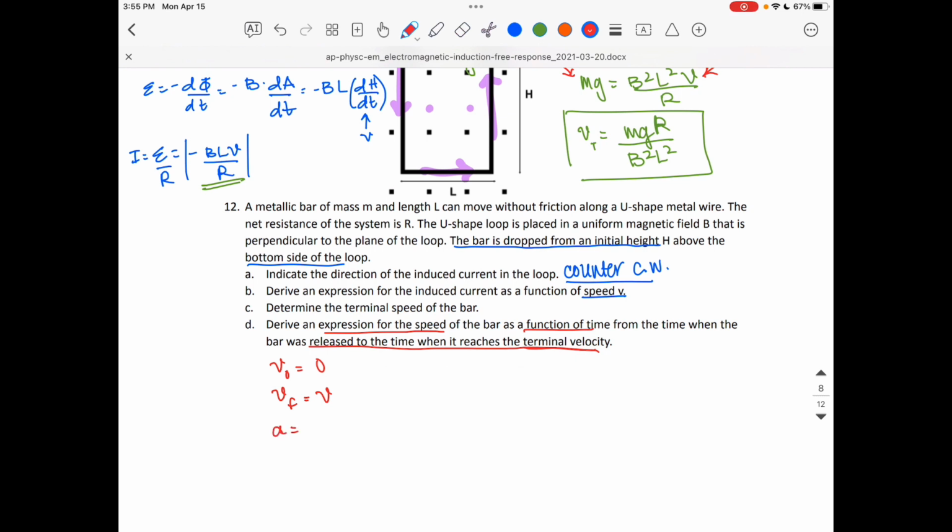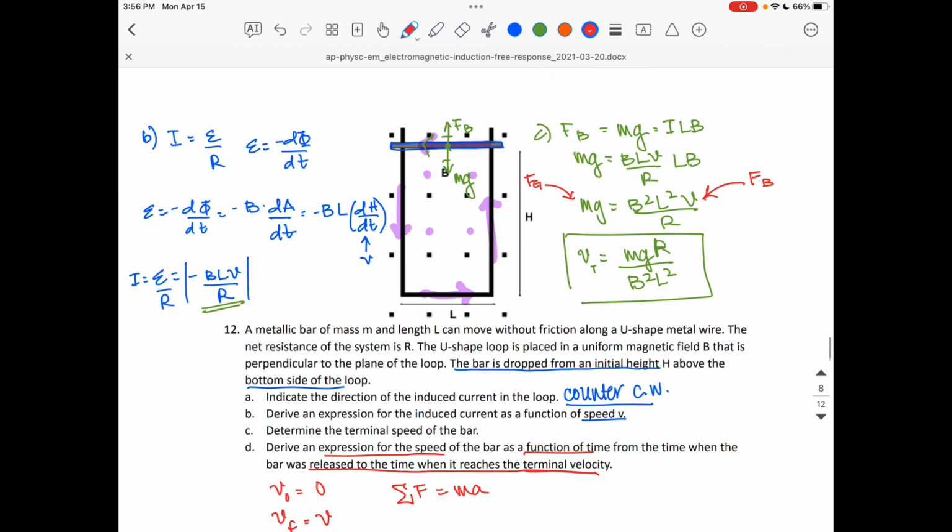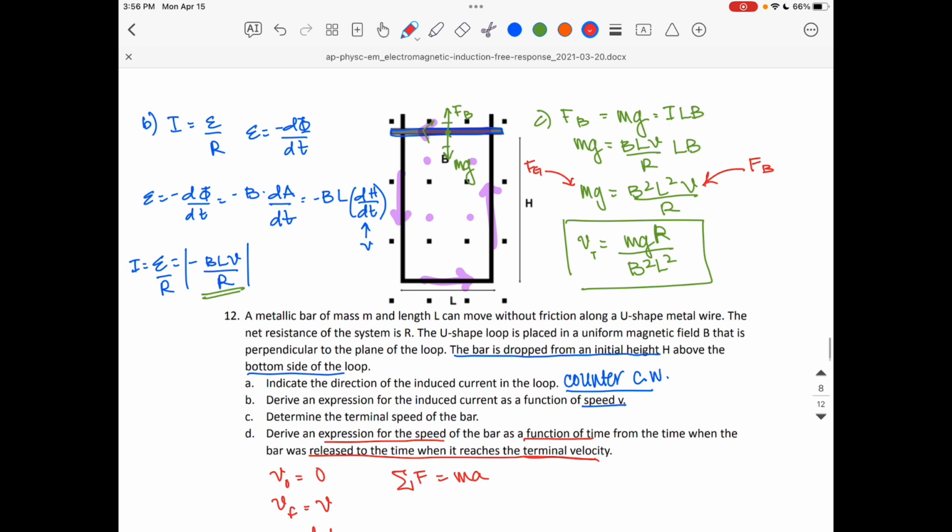Obviously, we have an acceleration because it's not going at constant speed yet, so that's going to be my change in velocity over change in time. By setting up acceleration as dv/dt, we can get an expression of speed with respect to time. So the first thing we're going to do is take the sum of the forces equals ma. It doesn't really matter what direction you choose to be positive or negative.